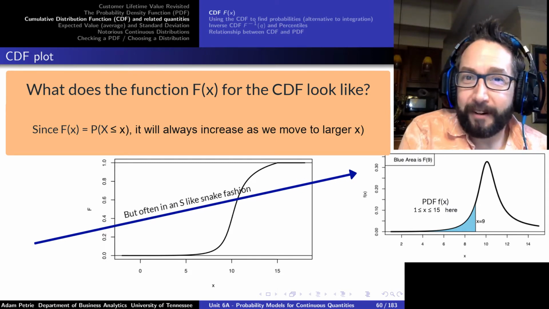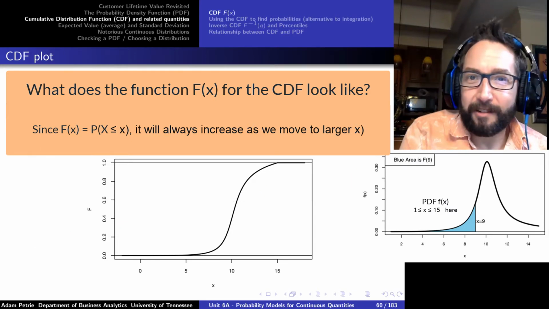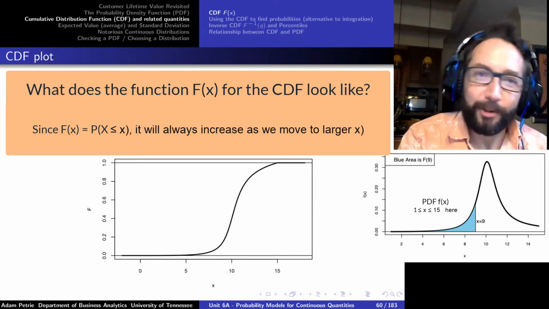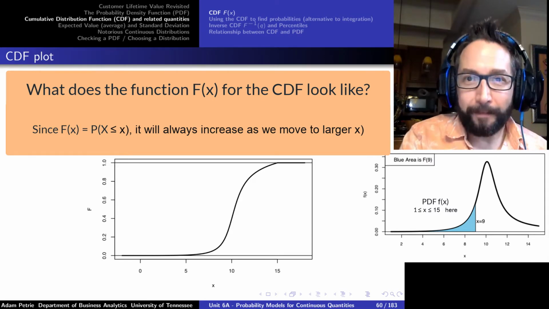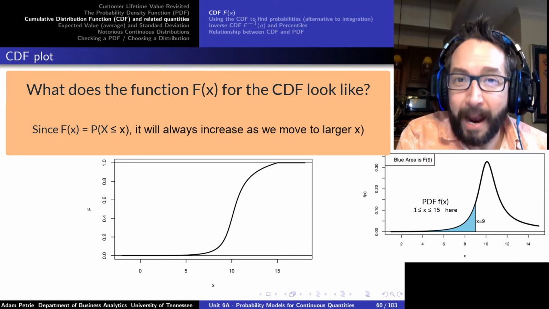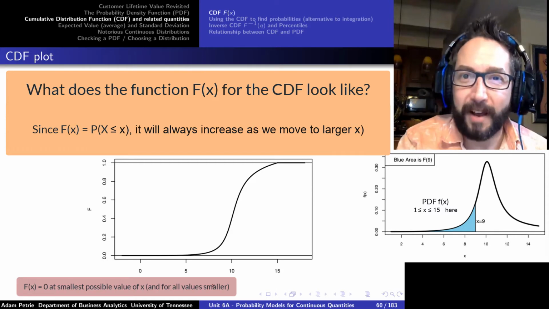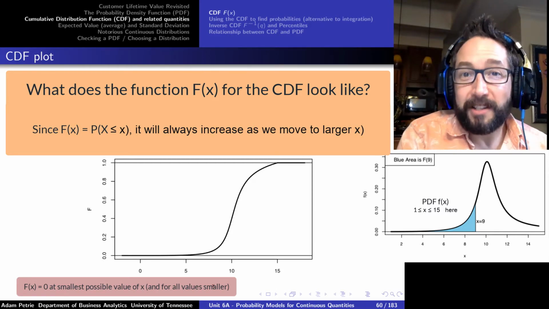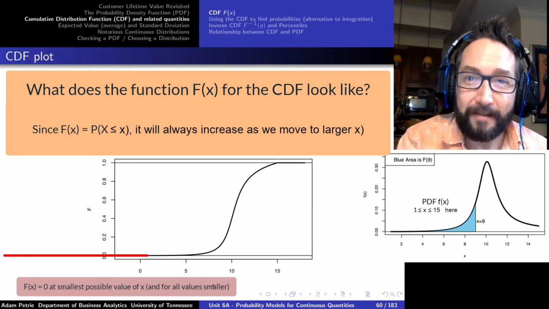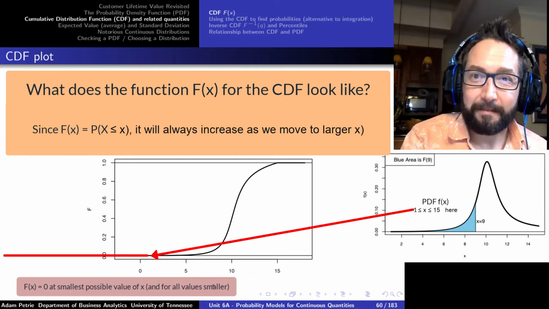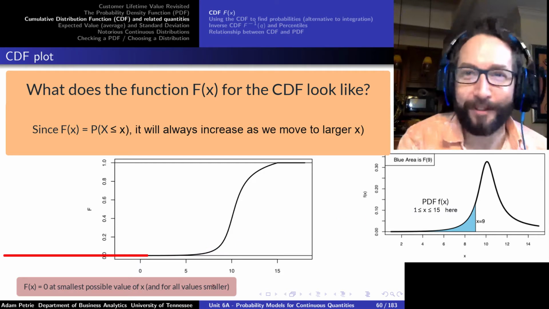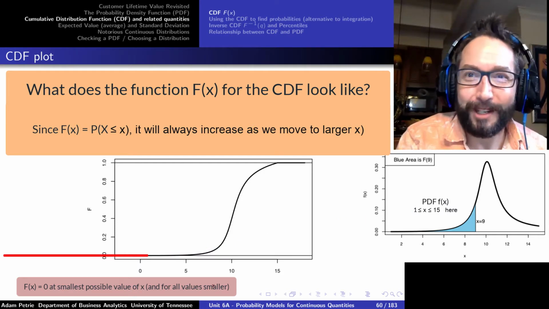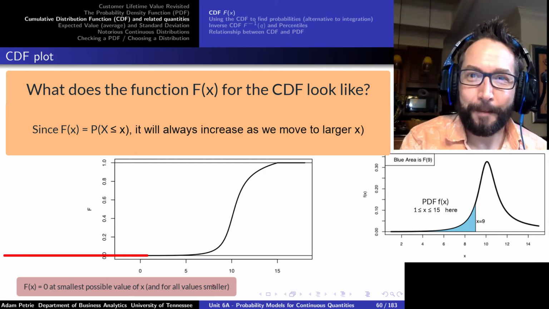Obviously for very tiny values of little x, there's not much probability of observing them or something smaller, so the CDF is always going to start out small. In fact, if there's a lower bound on the smallest possible value of x that can be observed, the CDF is going to be 0 for that value and everything smaller. Since it's the probability of observing at most a value of little x, if we can't observe a value of little x or something smaller, obviously that probability is 0.